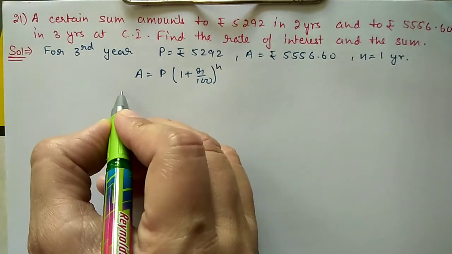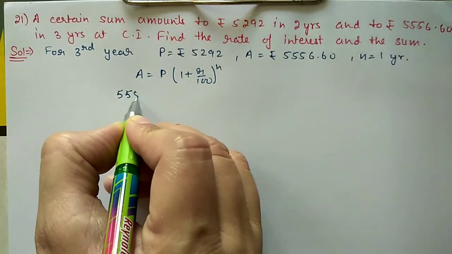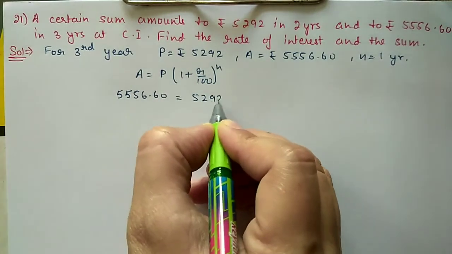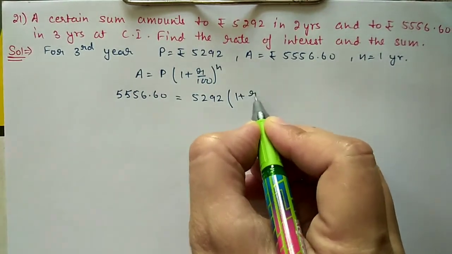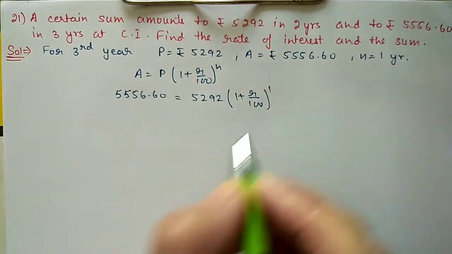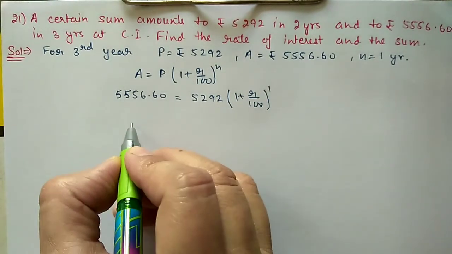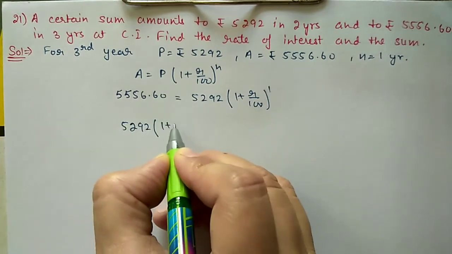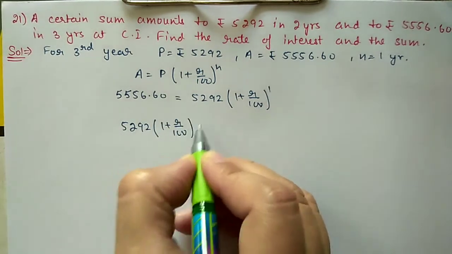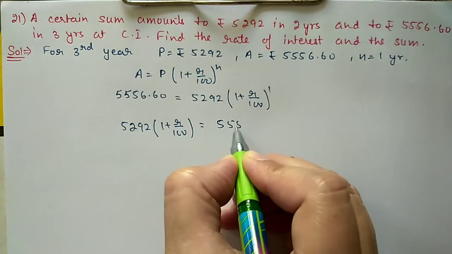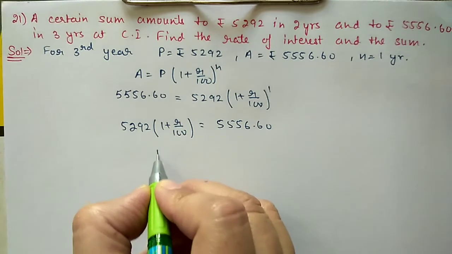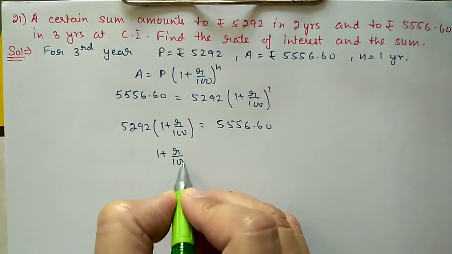Substitute values here. Both sides we can interchange. 5292 we can shift to the other side, it will go for division.